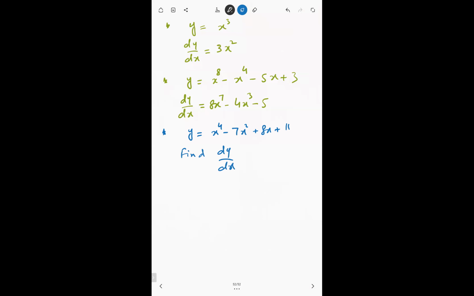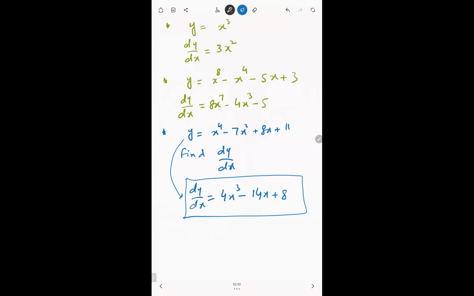When you differentiate y on the left side you will get dy by dx, and the right side you can differentiate quite easily: 4x cube minus 14x plus 8. So once you have dy by dx, it means you have differentiated the original curve, the equation of the curve. So dy by dx is basically the symbol for the differentiation.